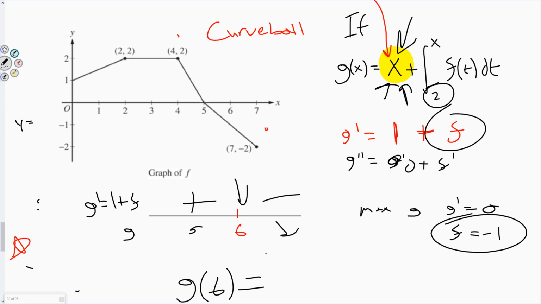You instead plug in 6 here and plug in 6 here, and your answer is 6 plus 4 plus 1 minus a half, which is 10.5. And that's the curveball that you need to be prepared for. But everything else should be the same as what you're used to.